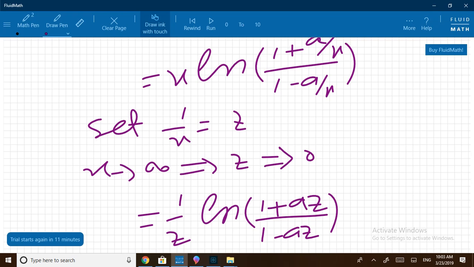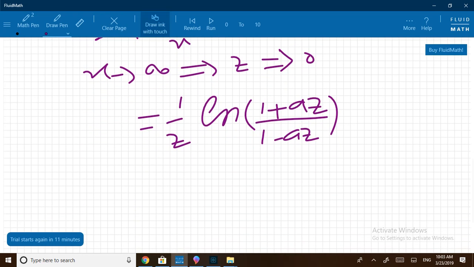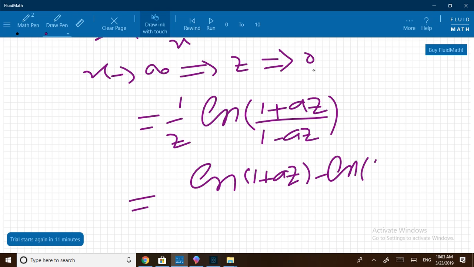That means we can write this is equal to natural log of 1 plus az minus natural log of 1 minus az, divided by z.